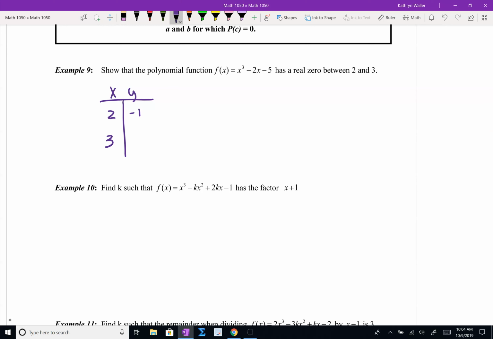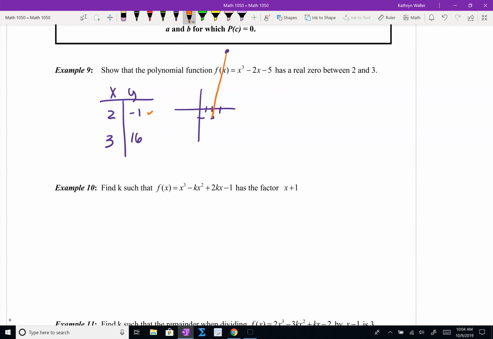Negative 1, yeah. Now I'm going to do a 3. When I do 3, I get a 16. Okay? Look at the picture. Positive 2, negative 1 is right there. Positive 3, 16 is up there. If I have to connect those dots to draw my graph, it has to cross the x-axis in between, so therefore it has to have a solution.